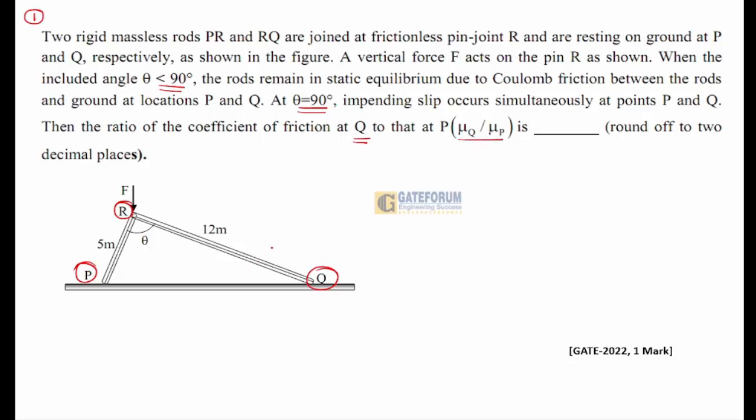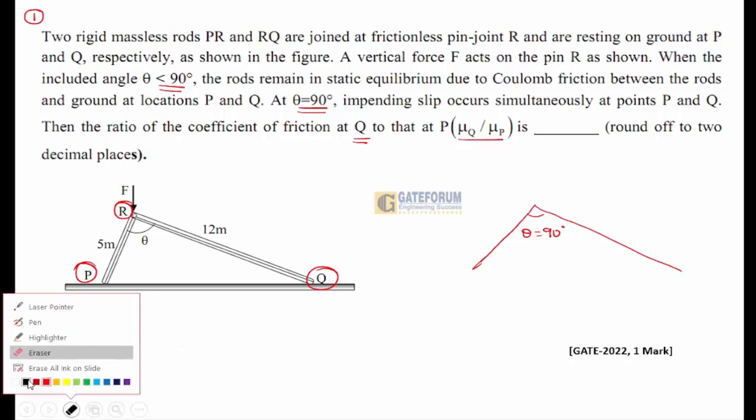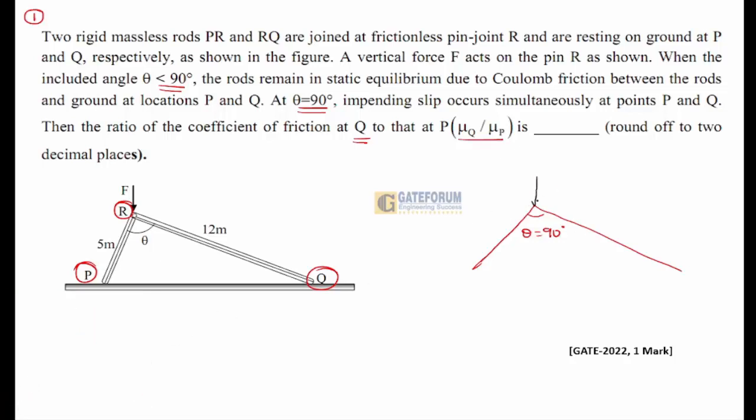This is the given figure. Now for this given figure, if I draw a free body diagram, there are two links P and Q. This angle, let it be 90 degrees. There is a vertical force F acting downward, and this is force F1.